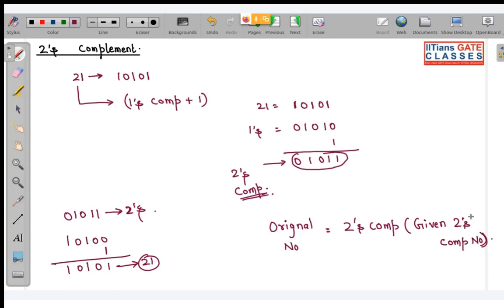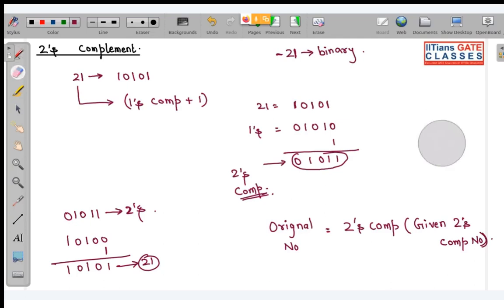So everywhere I talked, I only talked about positive numbers. Suppose I ask you, how will you represent minus 21 in binary? Representing 21, 31, 2000, 500, any positive number, we know how to represent in binary, very simple.